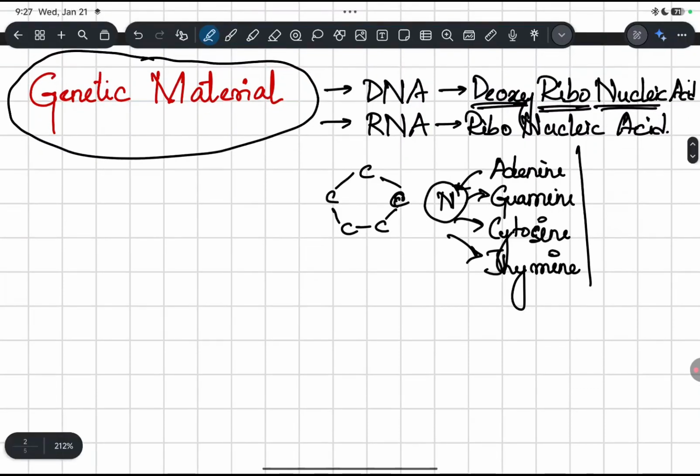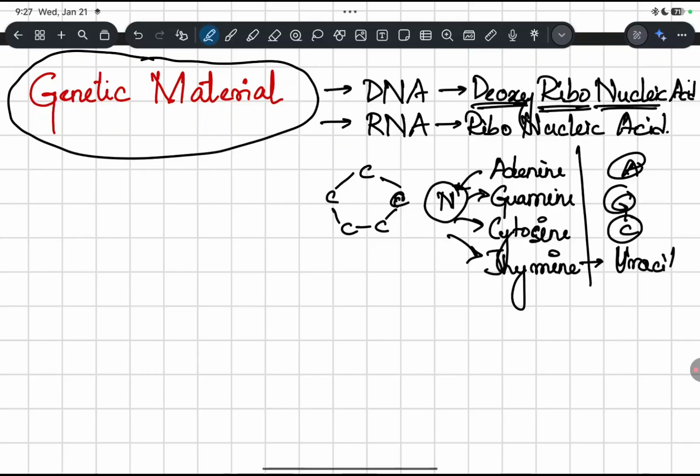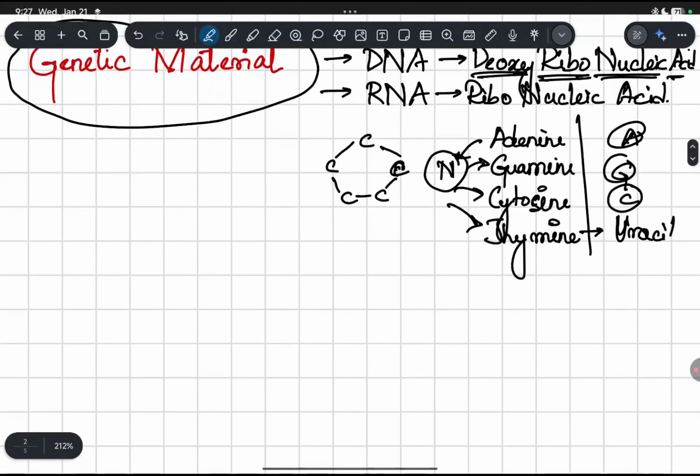And in RNA, instead of thymine, we have uracil, right? Everything else would remain the same. We'll have adenine, we'll have guanine, we'll have cytosine, but in place of thymine, we'll have uracil. Why acid? Because DNA is generally acidic in nature, right?